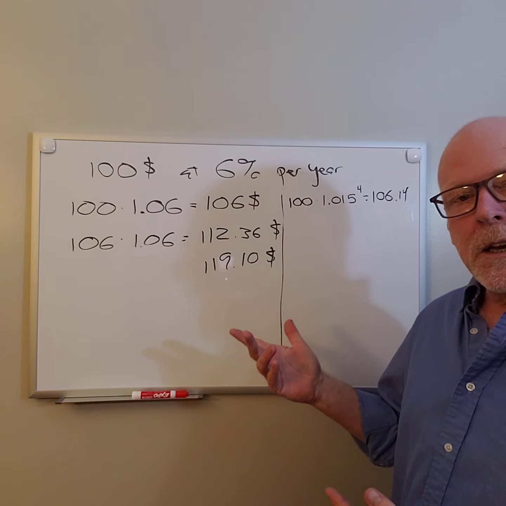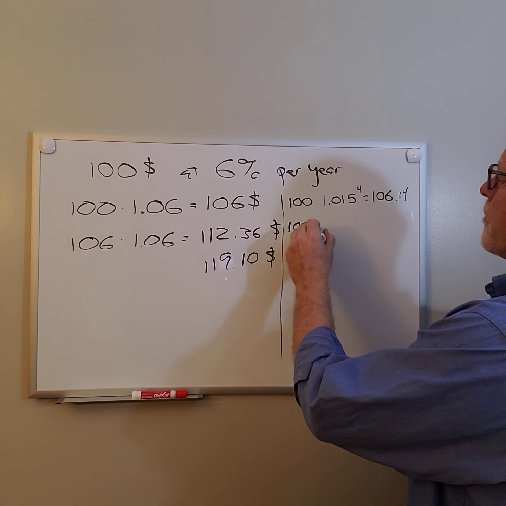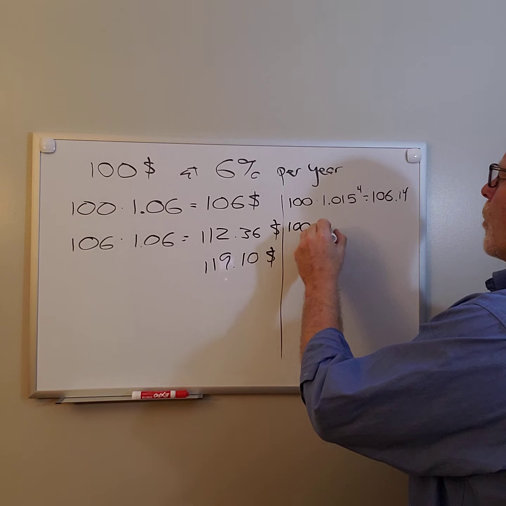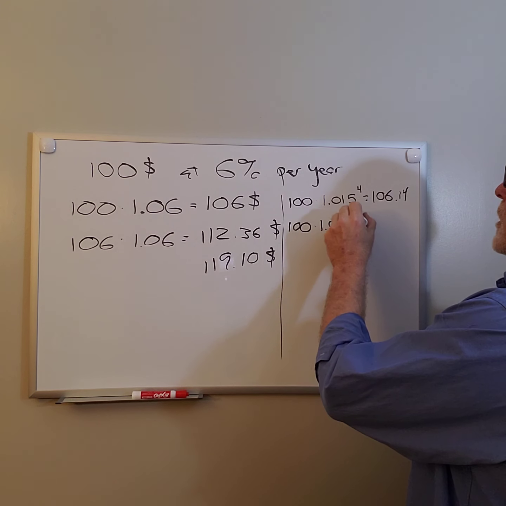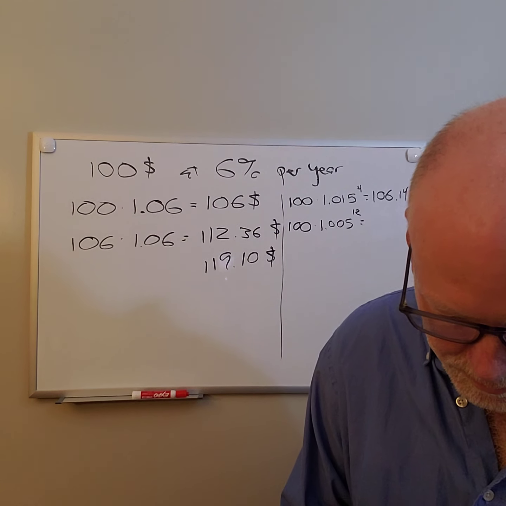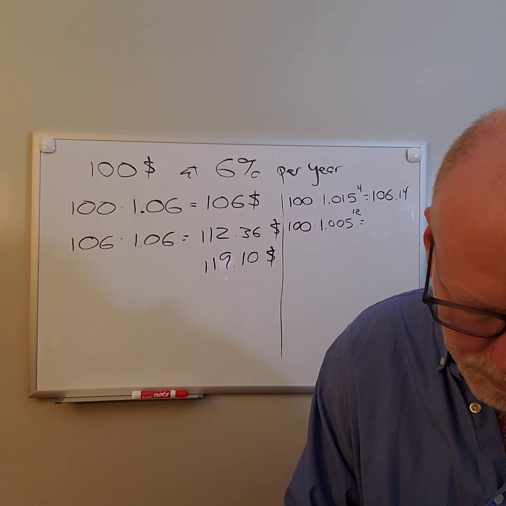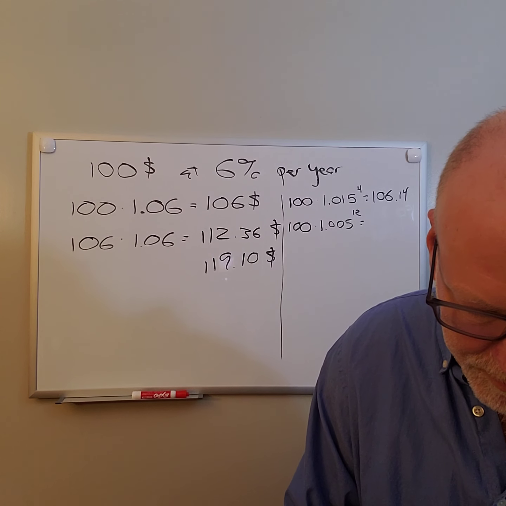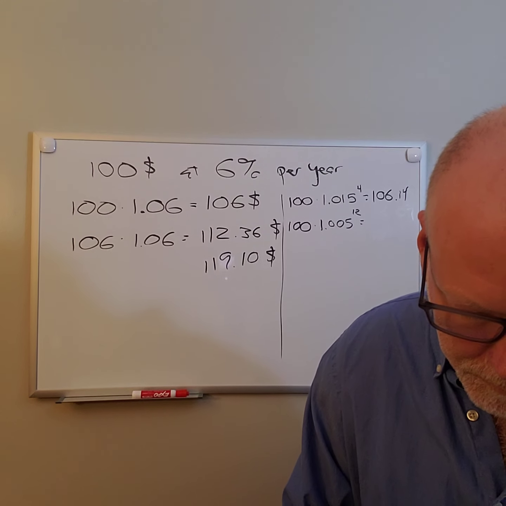We could do this monthly also. If we wanted to do it monthly, we'd still have our $100, and we multiply by 1.005, and we'd be doing it 12 times a year. So 100 times 1.005 to the 12th power.